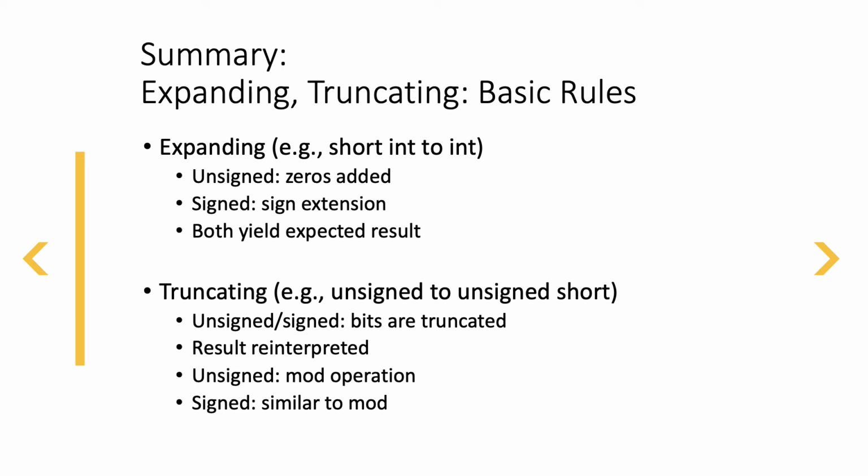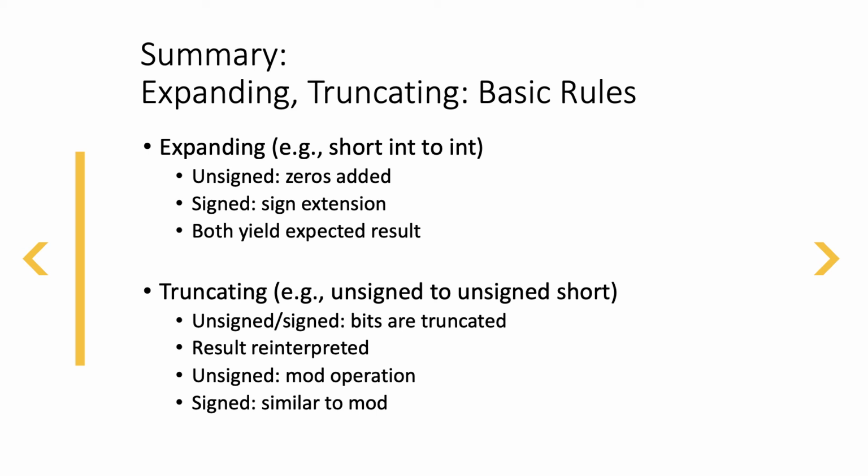However, if we're cutting off anything that's got some weight to it, and what's left after we truncate goes from having a 0 in the most significant bit of the 32-bit representation to having a 1 in the most significant bit of the 16-bit representation, then we're actually going to flip the sign. It's going to work a little differently. It's similar to a mod operation, but it might actually flip the sign on us.